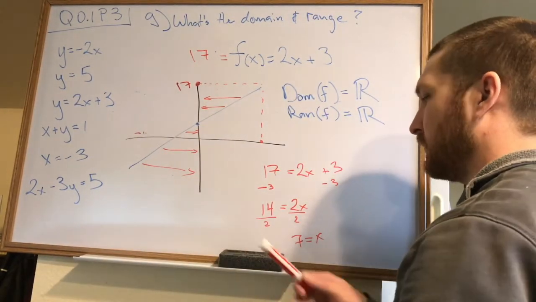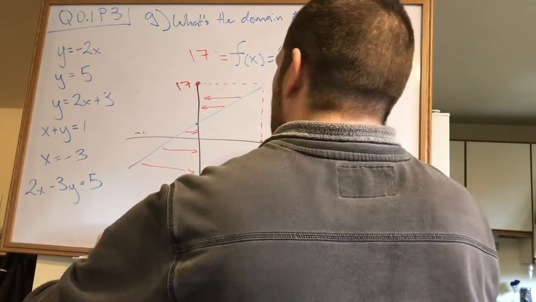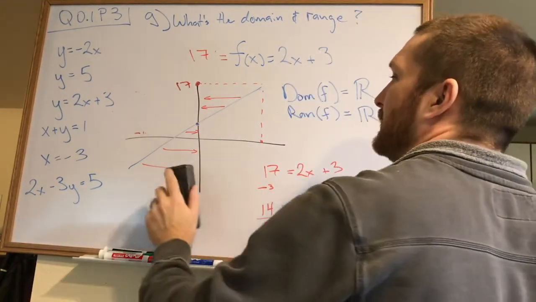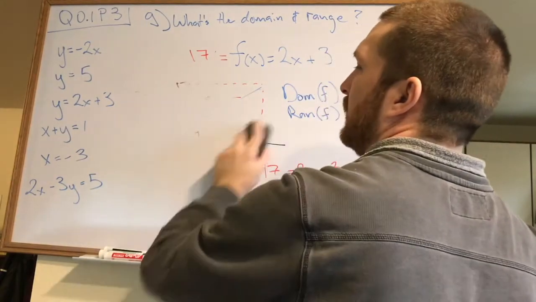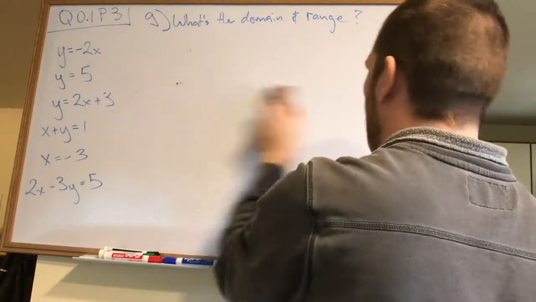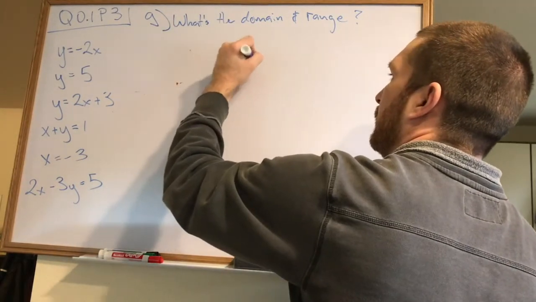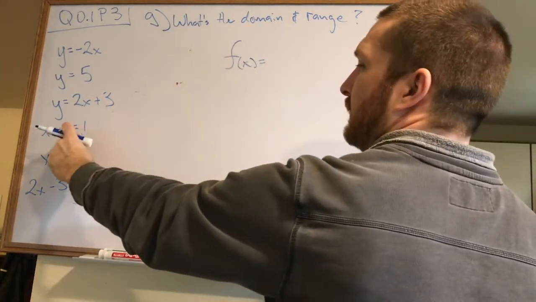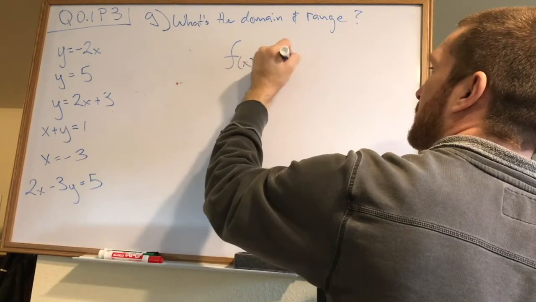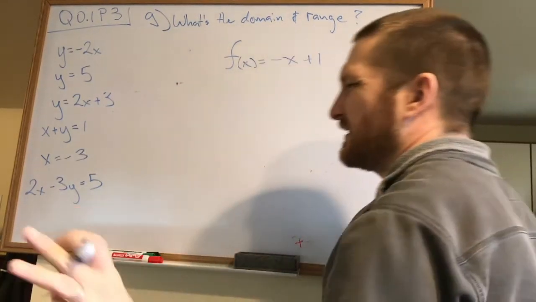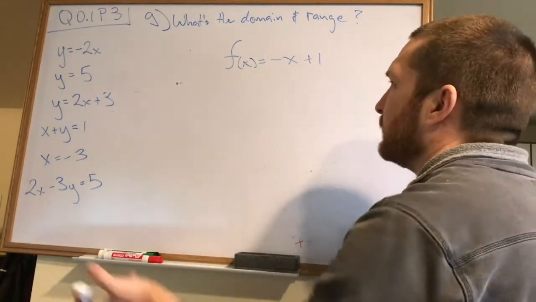f of x equals, we can rewrite that as y equals negative x plus 1. So let's do that. f of x equals negative x plus 1. I just went ahead, I think that's earlier in the video, but I just solved for y, right?